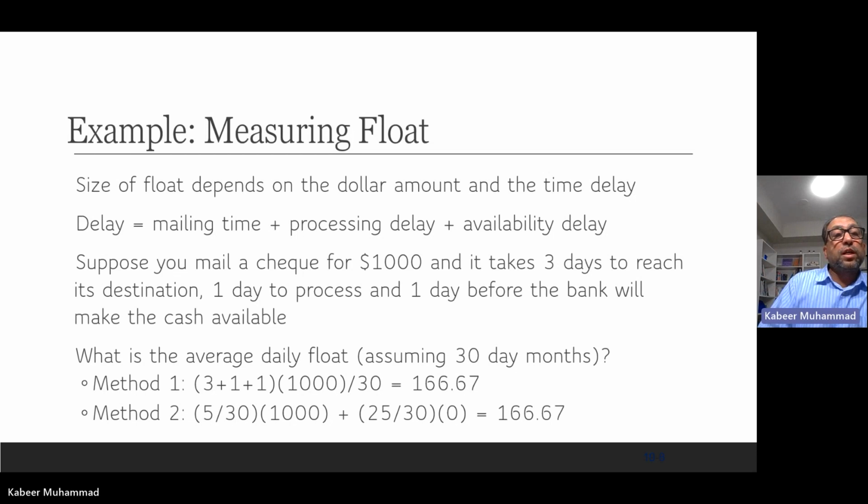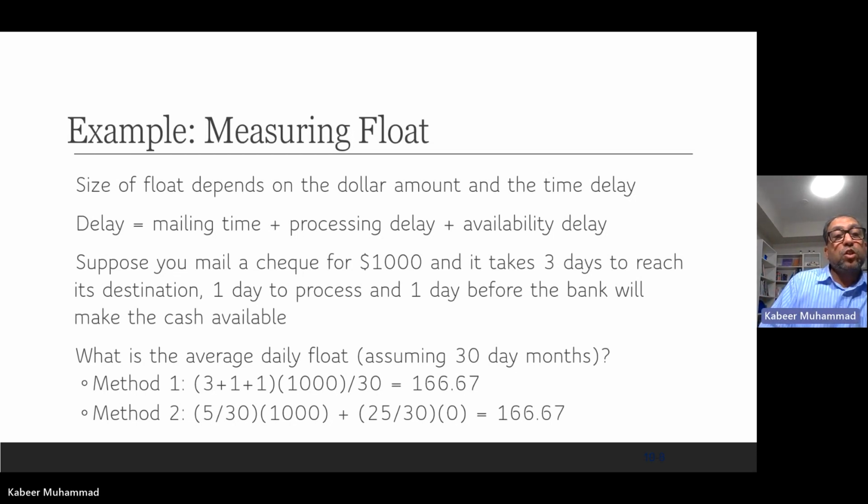So these are the three things that can cause a delay in our money being received in our account. Suppose you mail a check of 1,000 and it takes 3 days to reach its destination, 1 day to process, and 1 day before the bank will make the cash available. So how much is the delay? 3 days plus 1 day plus 1 day is going to be 5 days.